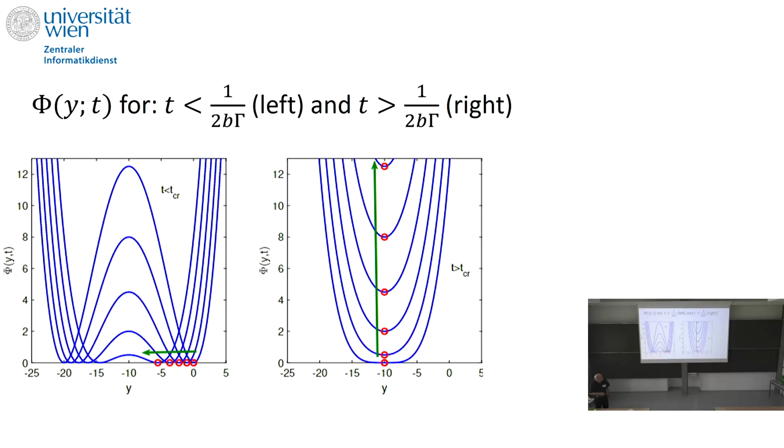We can easily calculate the time as the time it takes from the minimum here to become 1/2, which is what we should expect here. And this time happens to be exactly that, 1/2 beta gamma, where beta is, or 2b, I'm sorry, is the non-dimensional beta, and gamma is the non-dimensional wind stress.